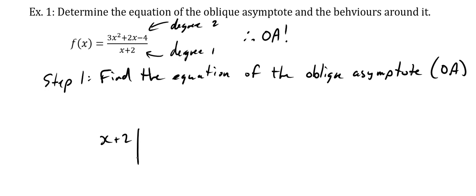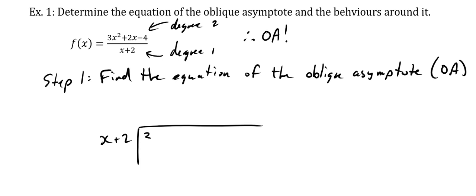Does that make sense? So if it was like a 3 and a 1, the difference is 2, then the asymptote would look like a parabola. If the difference was 3, the asymptote would look like some kind of cubic function. Now, cubic functions get complicated, so exactly what kind, I don't know. But so we don't do that. Okay, we're only doing slant asymptotes. But that's what would happen.